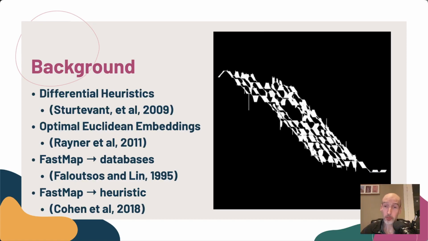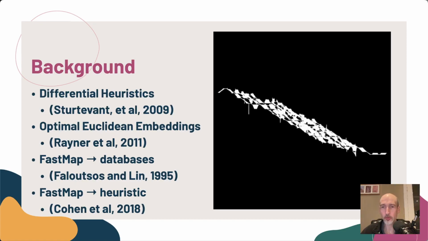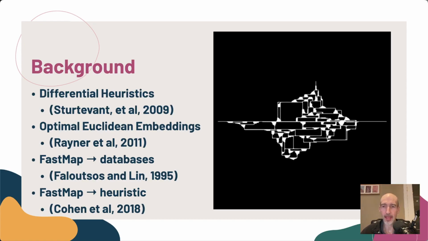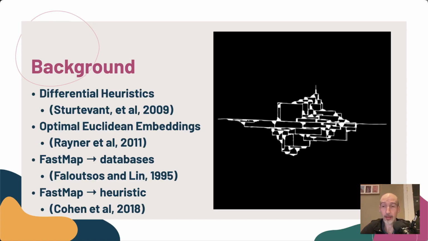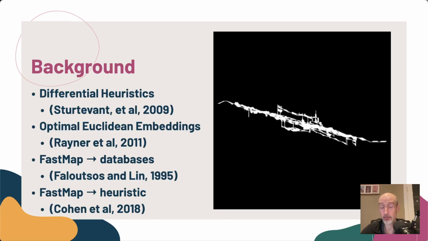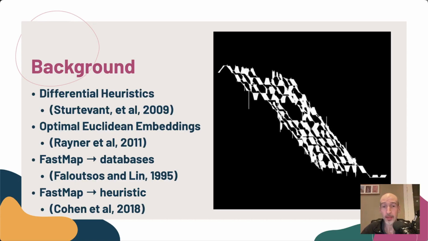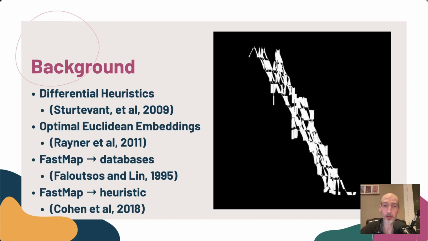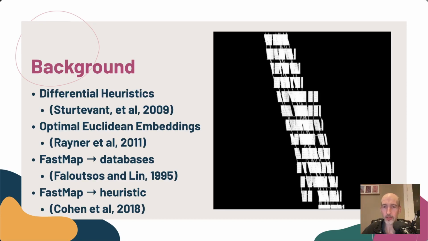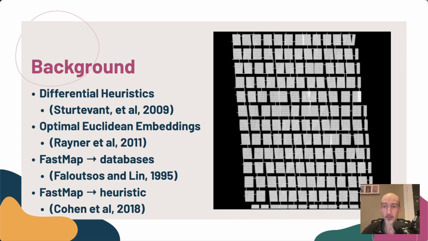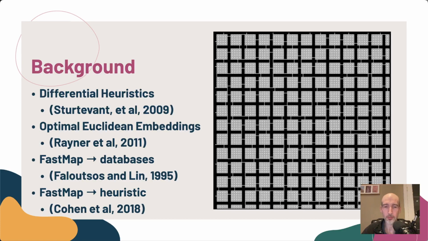There's a number of approaches that have been used for this. Differential heuristics are a method that was proposed back in 2009, and those are building an embedding in an L infinity space using an L infinity distance. In 2011, there was a paper that showed how to build optimal embeddings in Euclidean space, but this is a little bit expensive, so this isn't necessarily feasible for very large maps.